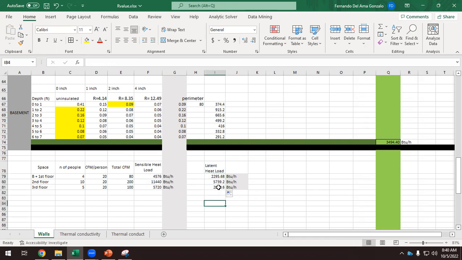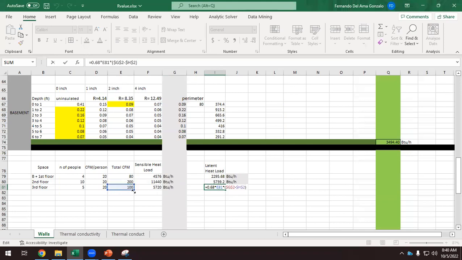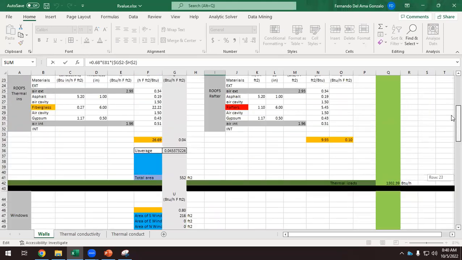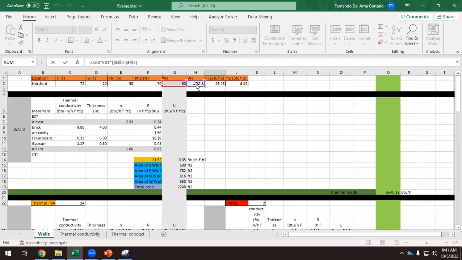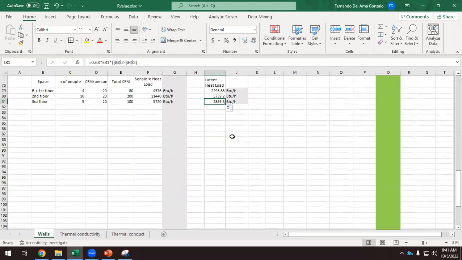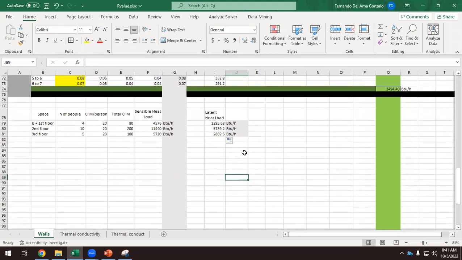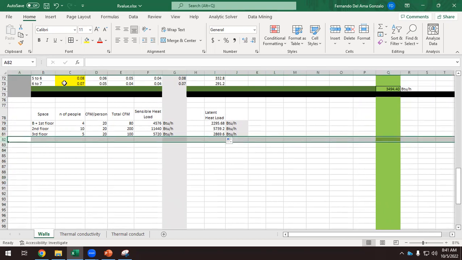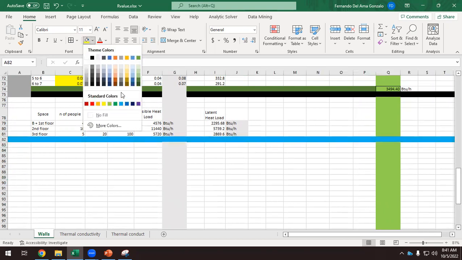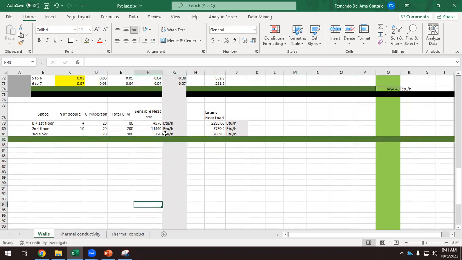There you go. So let's check. If I click here, I'm taking the total CFM. That's correct. And make sure that we are taking wet bulb indoors minus wet bulb outdoors. Okay, so this is it. And now I have to add everything up. So I'm going to highlight this with the green color, because that's the total ventilation load.